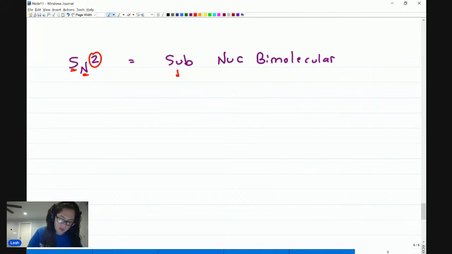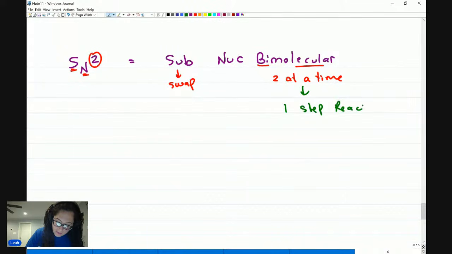Substitution means that we swap. Nucleophile is what attacks. Bimolecular means 2 molecules at a time, not 2 steps. This is 2 at a time. And so that means this right here is a 1-step reaction.